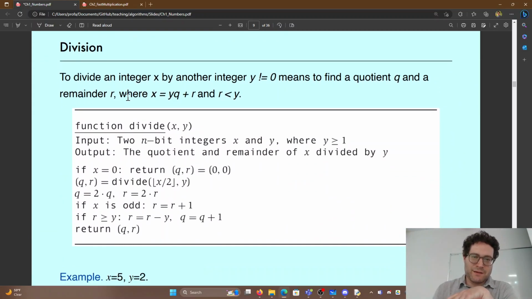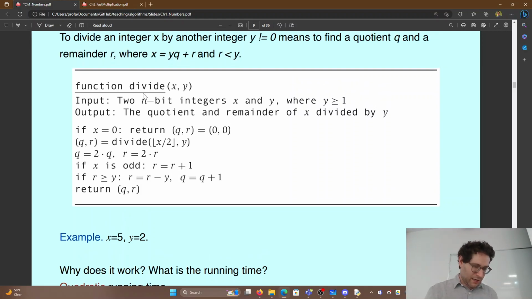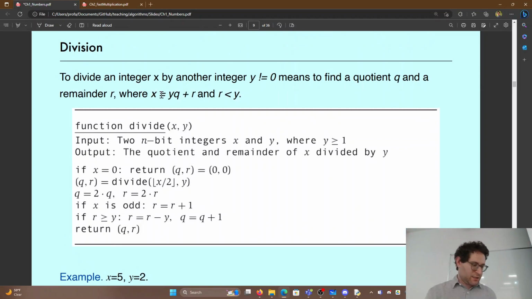Similarly, division is a bit of a pain. So let's go ahead and take a look at division, okay? We're talking about integer division here, where things are represented in terms of quotient and remainder.